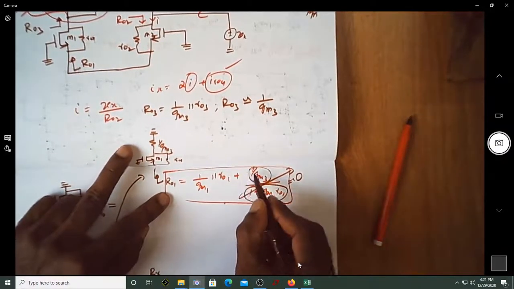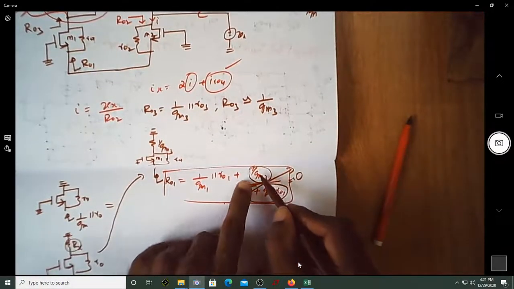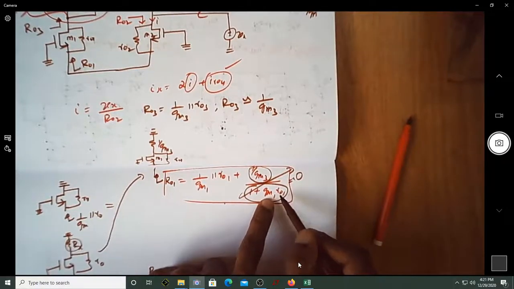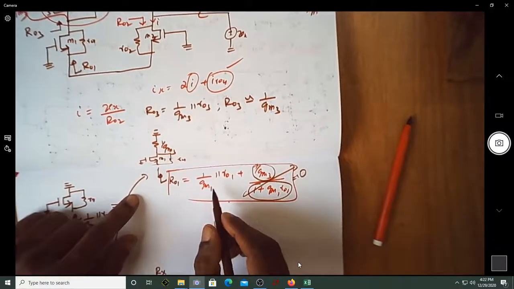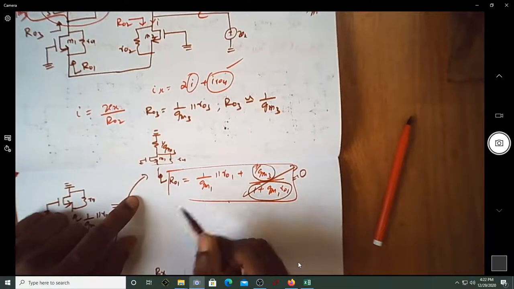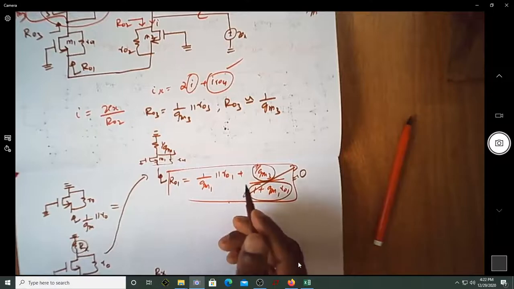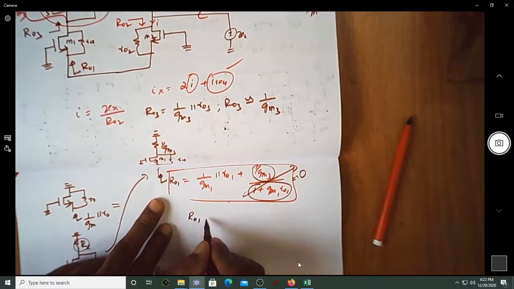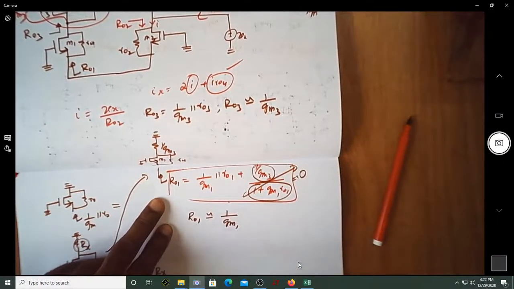Then comes 1 over Gm1 in parallel with R0. Again, 1 over Gm1 is in terms of ohms, whereas this R01 is in hundreds of kilo ohms. So I can now write R01 as approximately equal to 1 over Gm1.